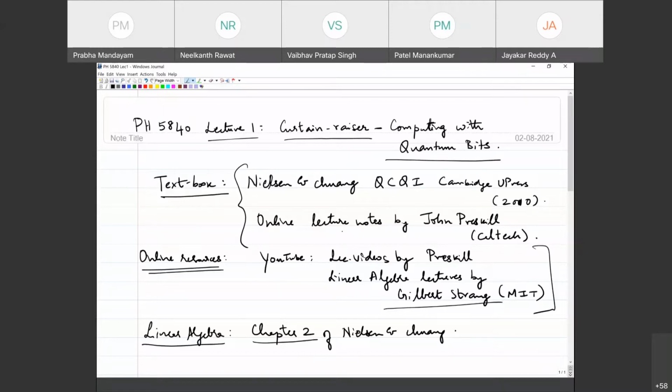And the linear algebra is a very succinct description of what you need exactly for this course, right? Which is finite dimensional linear vector spaces. So it gives you a succinct description of what you need. So I would encourage you to go through chapter 2 of Nielsen Chuang. Okay. And I myself will also point you to certain sections as and when I cover them, right?